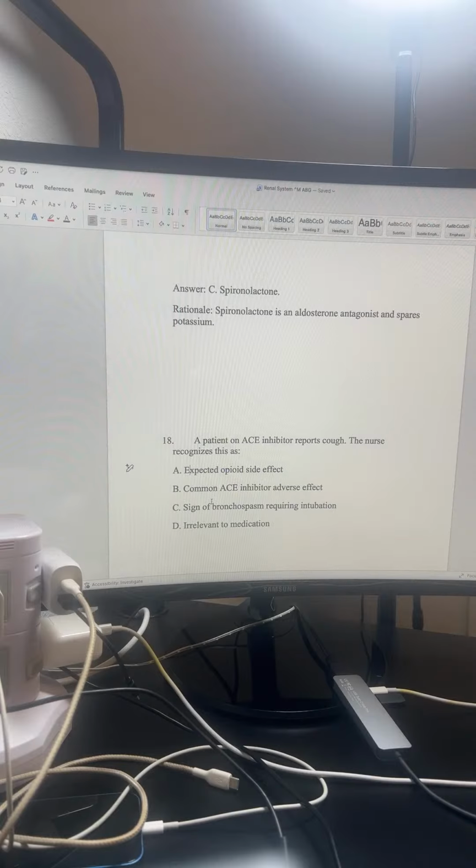So if this patient is showing any sign of bronchospasm, what are you thinking is going on with this patient because of the ACE inhibitor? What life-threatening condition could be going on because of this ACE inhibitor?